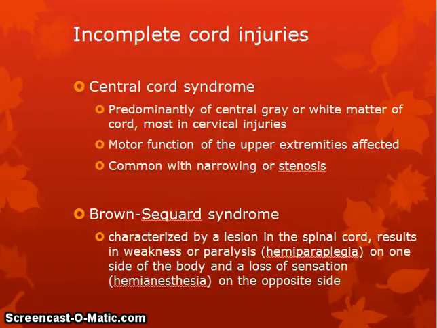The two most common incomplete cord injuries are central cord and Brown-Séquard. With central cord, the central gray matter or white matter of the cord gets damaged, and that's most common in cervical injuries.